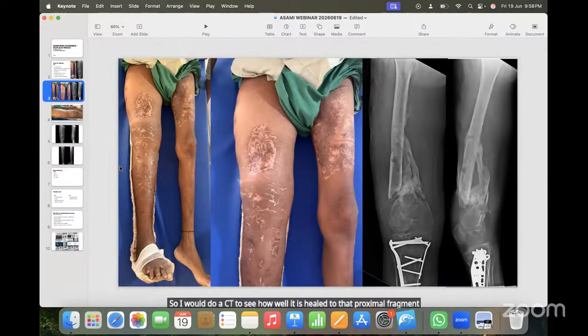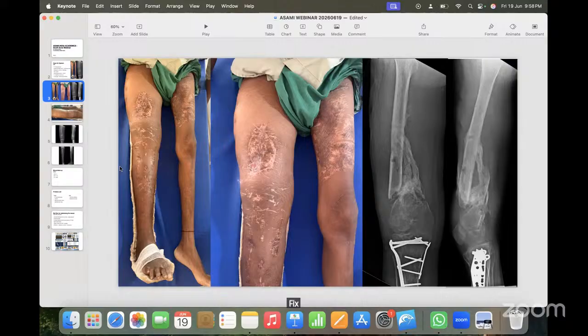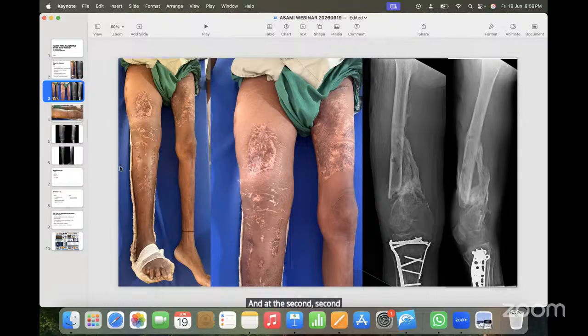And if the distal fragment is sequestrated, I would take out all, and fix the proximal to the distal with an Ilizarov. There may be a gap remaining. If there is a gap, I would probably put in a cement spacer, especially if that healing seems reasonably okay, so that I only have to augment that healing rather than achieve full healing. And at a second stage, I would graft that.